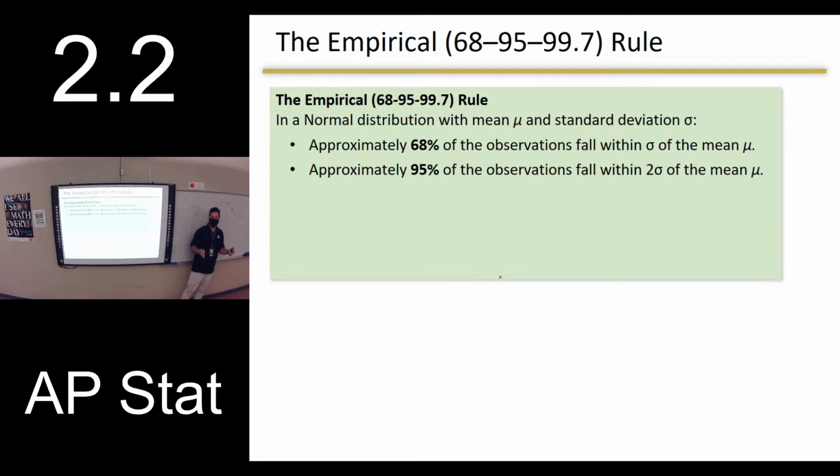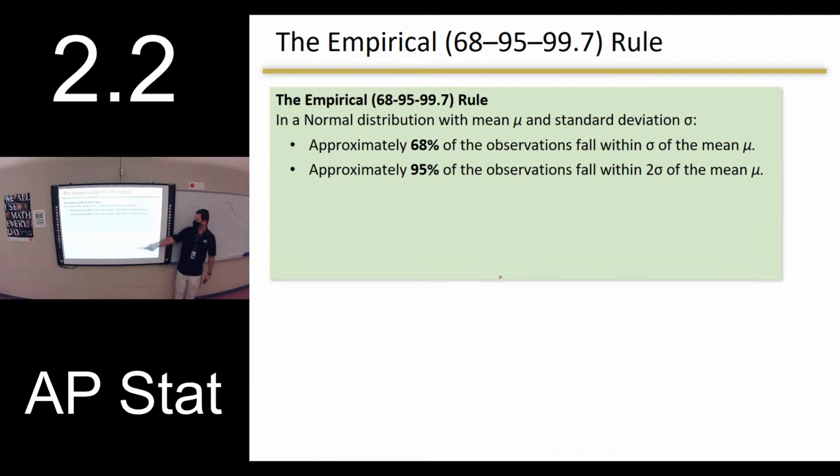So if the average height of individuals is 6 feet and the standard deviation is 5 inches, then 95% will fall between 5'7" and 6'5". I'm making all these numbers up, except for my answers.